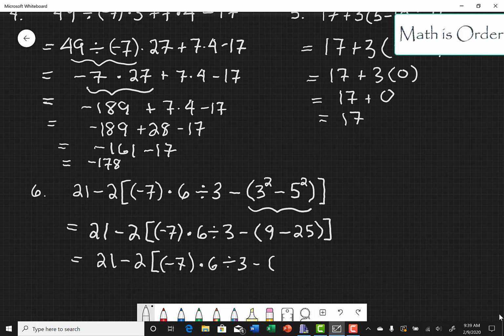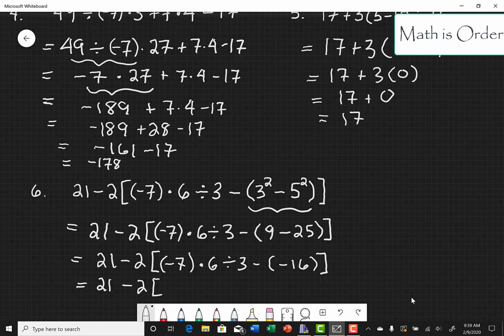Now, negative 9 minus 25 is going to give us a negative 16. And now, since I have just one number inside parentheses, we have finished that innermost parenthesis. We finished simplifying that.